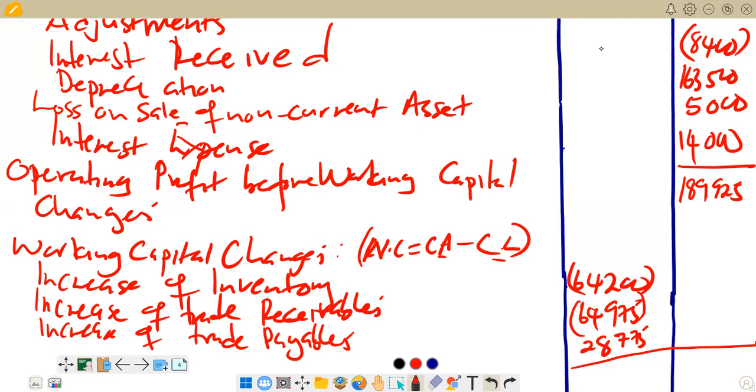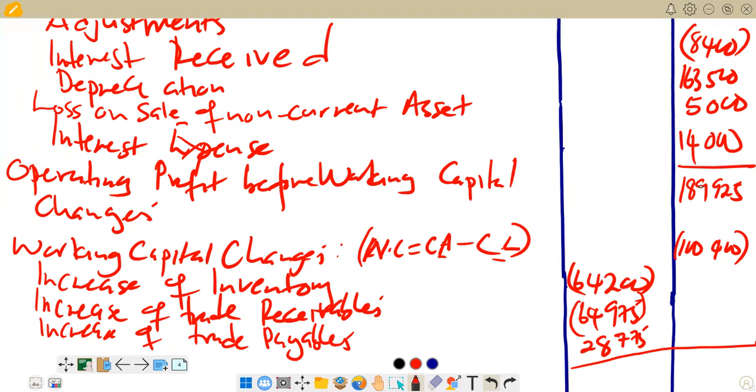So there we are going to get negative 100,400. And this figure is going to come here, where we have the working capital changes. So the working capital changes resulted in a negative 100,400. Then we put the figure in brackets there.